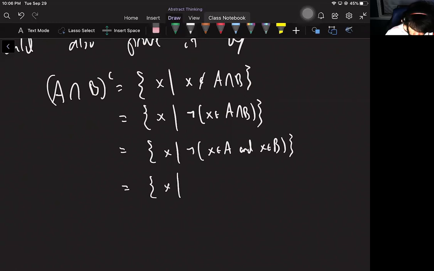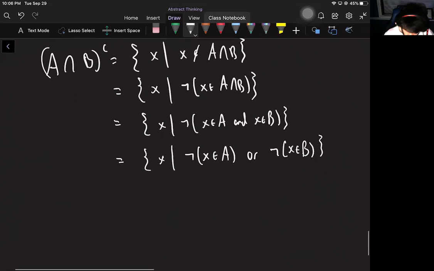Now I know how logical symbols work, so I'll even do one extra step that I would normally never do. So I'll send the negation through to both here. Then the and becomes an or when I distribute. And then negating X being in a set is just saying that X is not in that set.